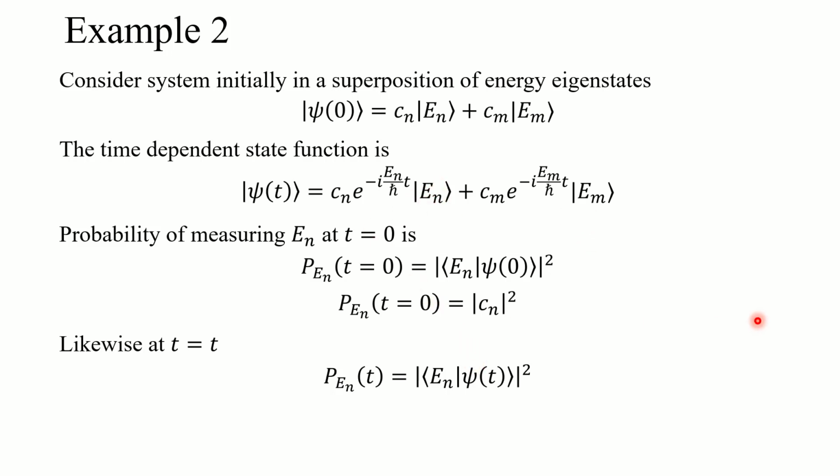So I'm going to be left with this whole coefficient, the magnitude of it squared, and the e to the i E_n over h bar times t terms will multiply to 1 when you multiply with the complex conjugate. So I'm left with c_n squared as well. So again, the probability of measuring that nth eigenenergy does not change with time.